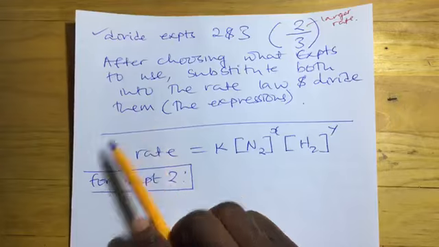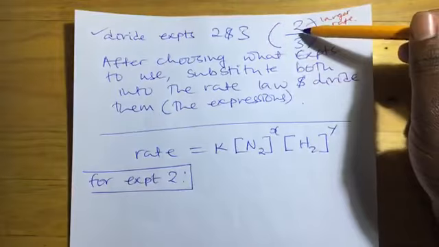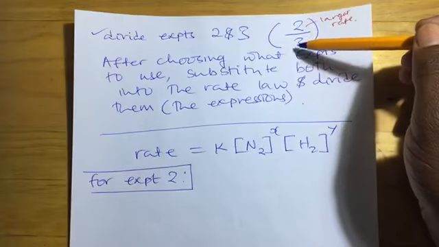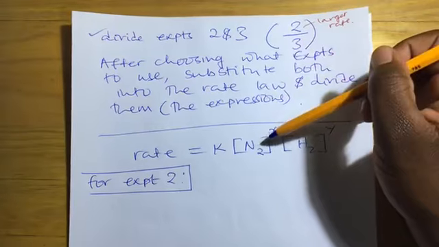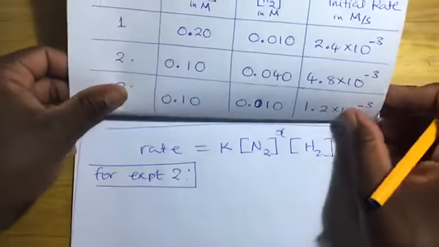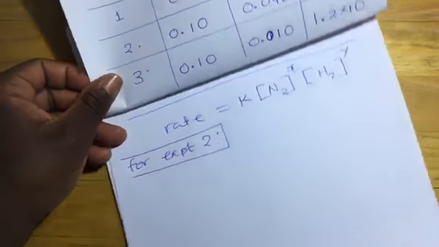So we have chosen 2 and 3. Now we're going to substitute experiment 2 into the rate law, and then we also substitute experiment 3 into the rate law. So how do we substitute experiment 2 into the rate law?